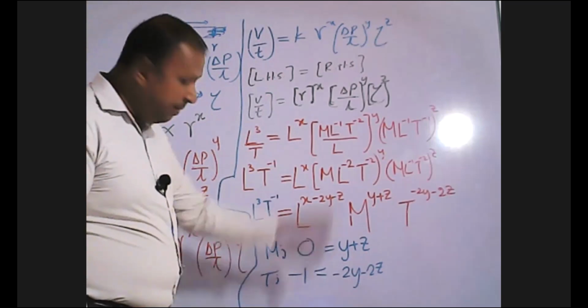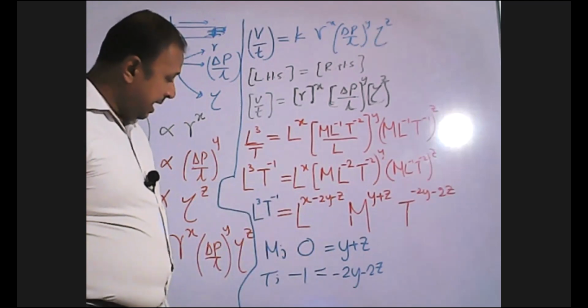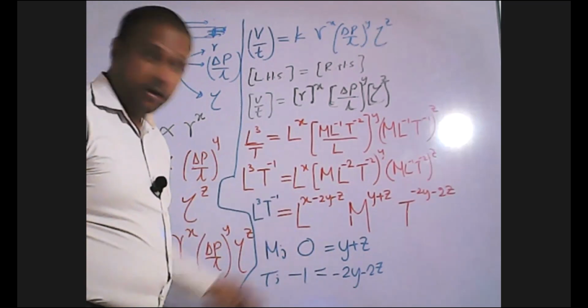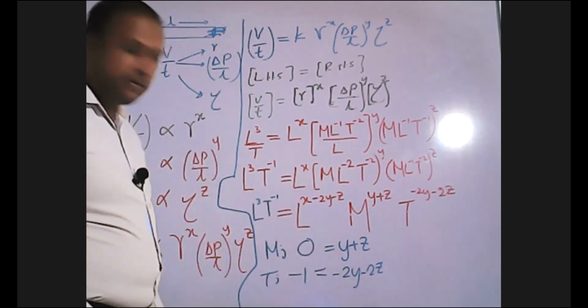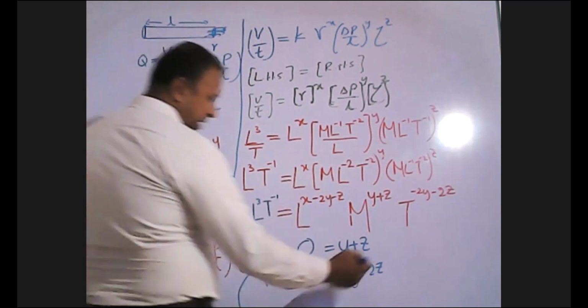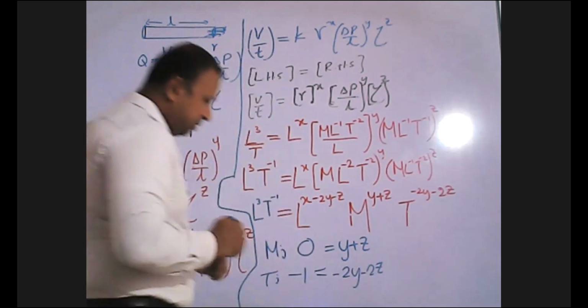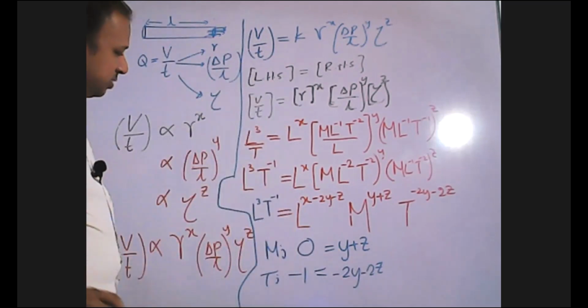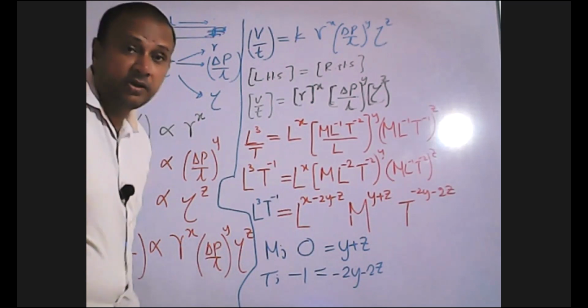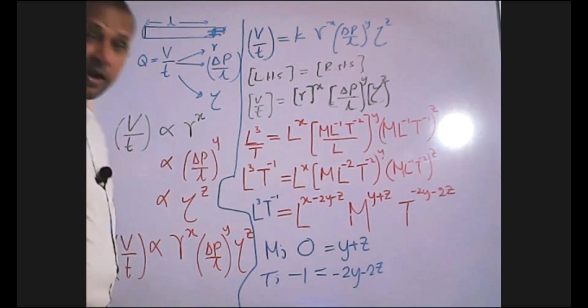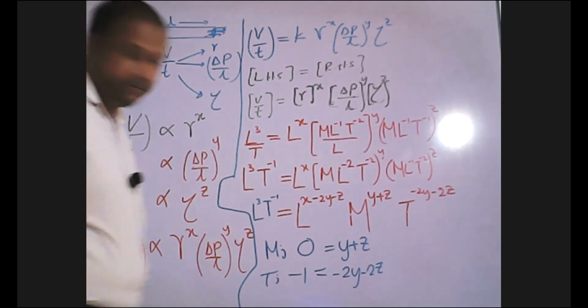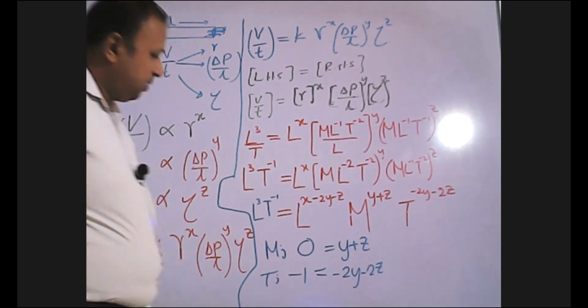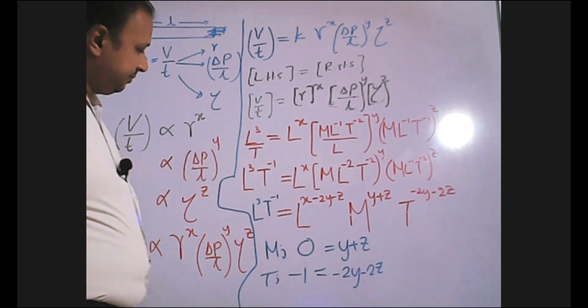So all are minus, so I can multiply RHS and LHS by minus 1. So it becomes 2Y plus 2Z is equal to 1.